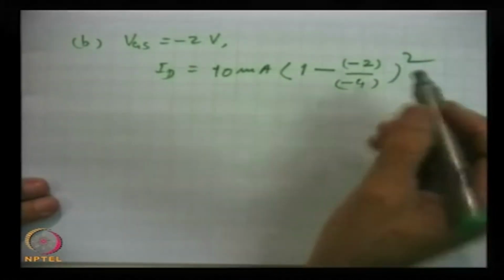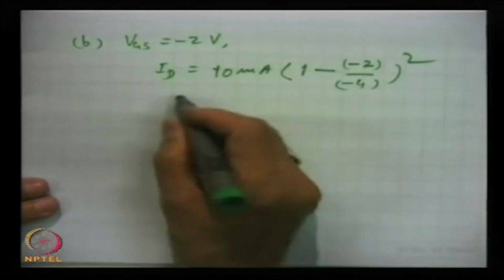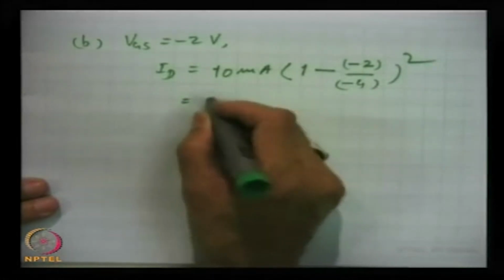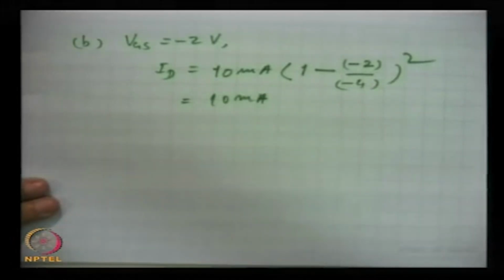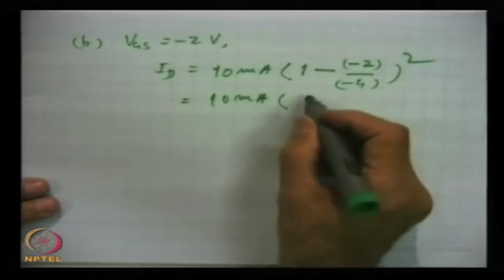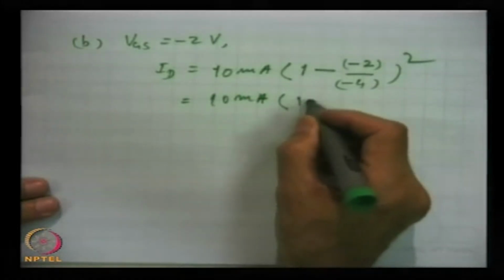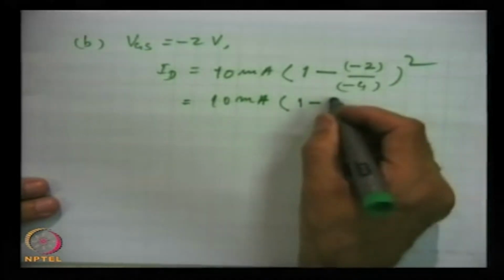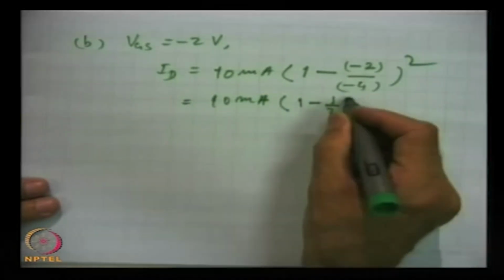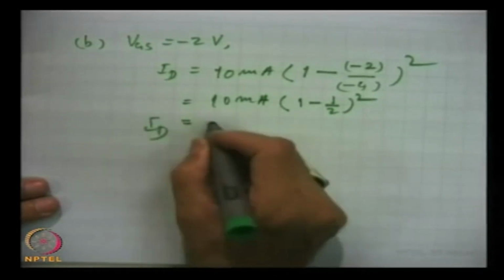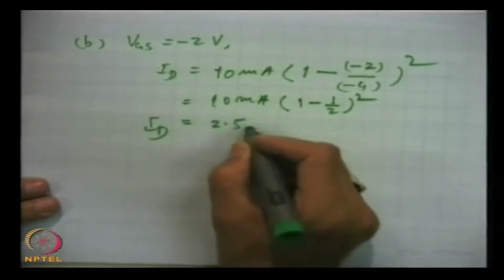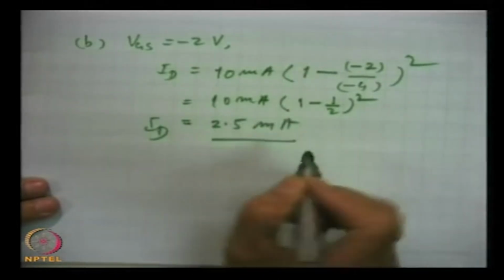So this is equal to 10 milliampere into 1 minus 1 by 2 square, which gives the drain current as 2.5 milliampere.